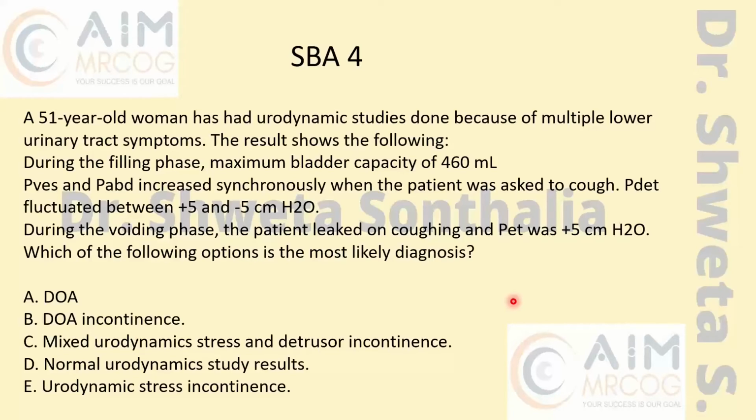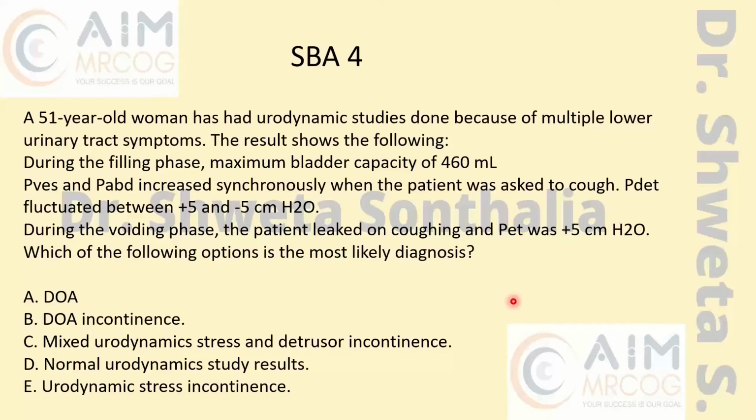A 51-year-old woman has had urodynamic studies done because of multiple lower urinary tract symptoms. The result shows the following. During the filling phase, maximum bladder capacity of 460 ml. P vesical pressure and P abdominal pressure increased synchronously when the patient was asked to cough.